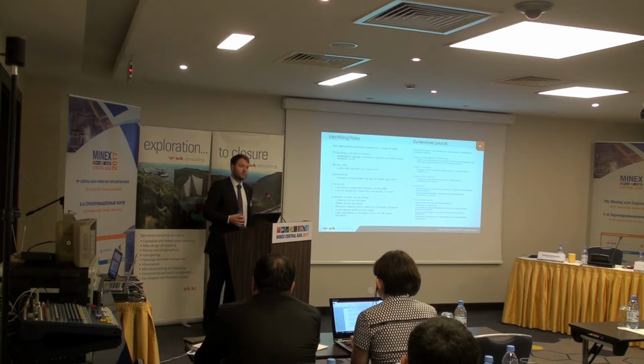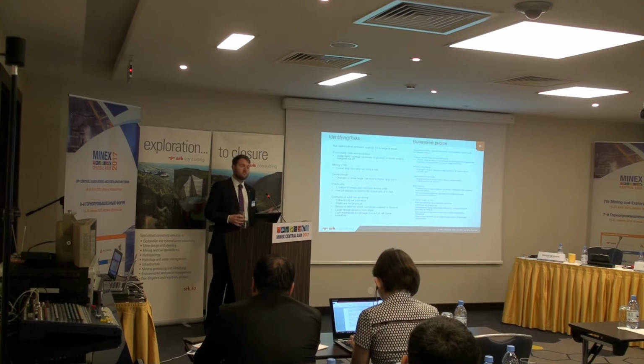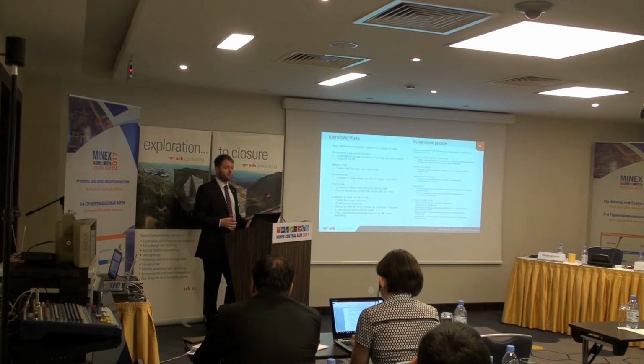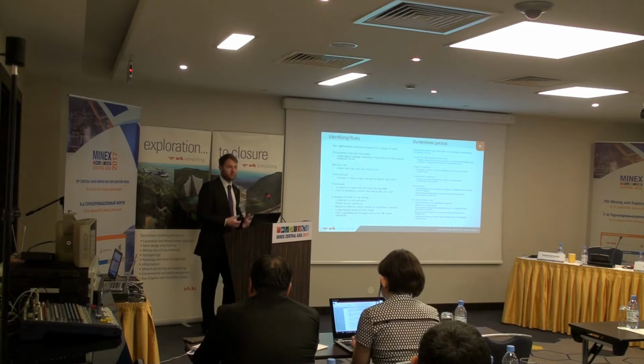Another consideration is the cut-off grade that has been used to define what is ore and what is waste. The optimization software will use your inputs, for example, the costs, the processing recoveries, and the price to calculate a cut-off grade. But the deposit may be very sensitive in that cut-off grade region, for example around, say, 0.5 grams per tonne gold.